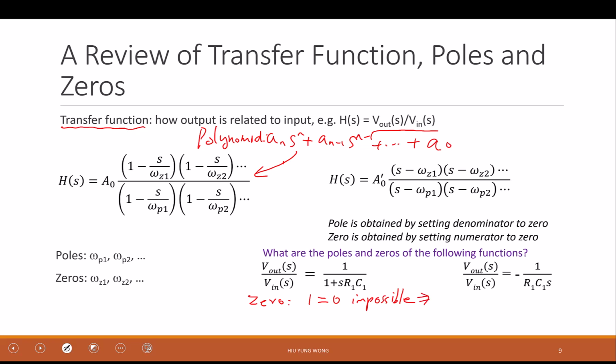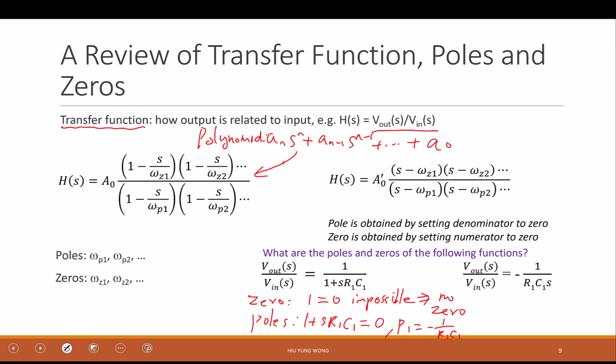So we say there's no zero in this system. How about poles? What do I need to do? Yeah, you gave the answer already, but we'll do 1 plus s R1 C1 equals 0. And then you get, okay, I do have a pole, which is p1 equals negative 1 over R1 C1. Okay, so that is a pole, right?